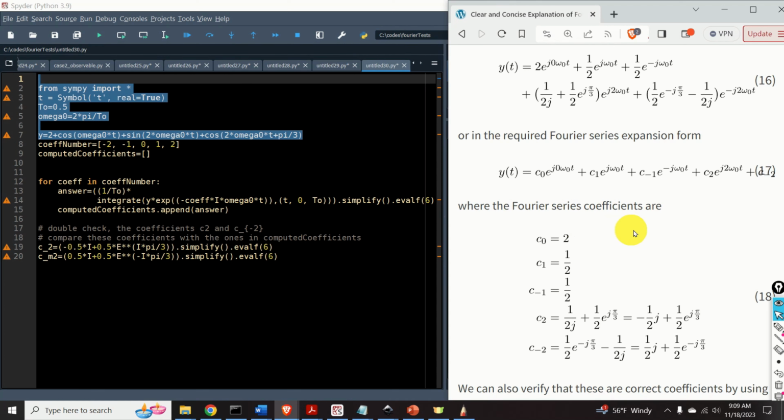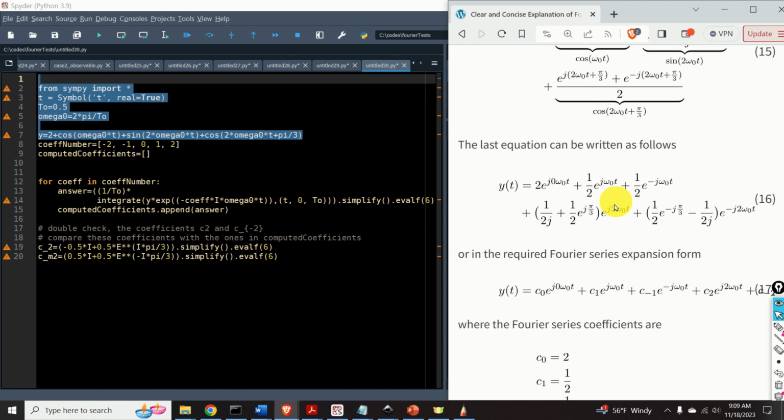The main purpose of this script is to verify that these coefficients are correctly computed. Consequently, I will define the coefficient number over here. I have from minus 2 until 2. Then, in this for loop, I will actually compute these coefficients. However, I'm not going to use this trick.